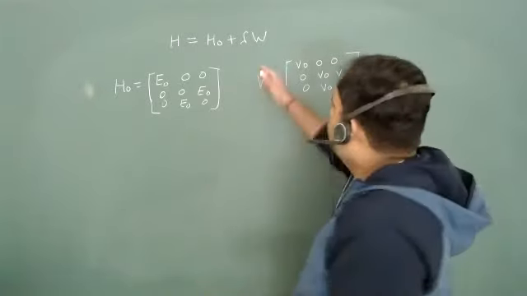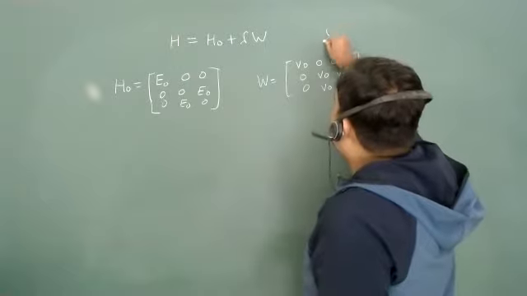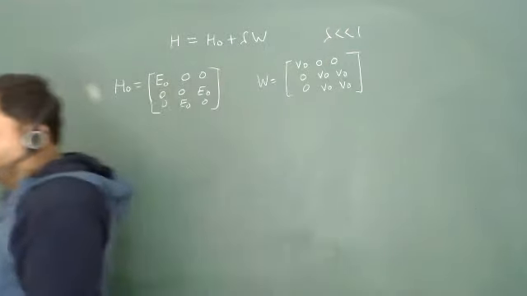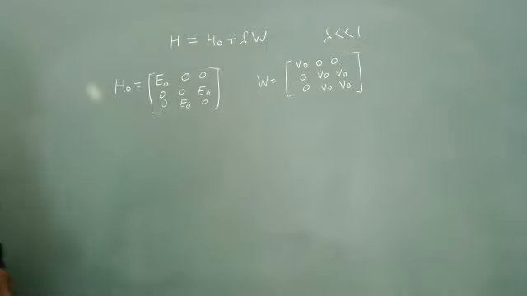And obviously, this lambda is very, very much less than 1. This is the main condition on the perturbation. Okay, so here my H naught is not diagonalized, neither is my W. So obviously I have to do a lot of work. So let us go for the first thing, diagonalizing H naught.